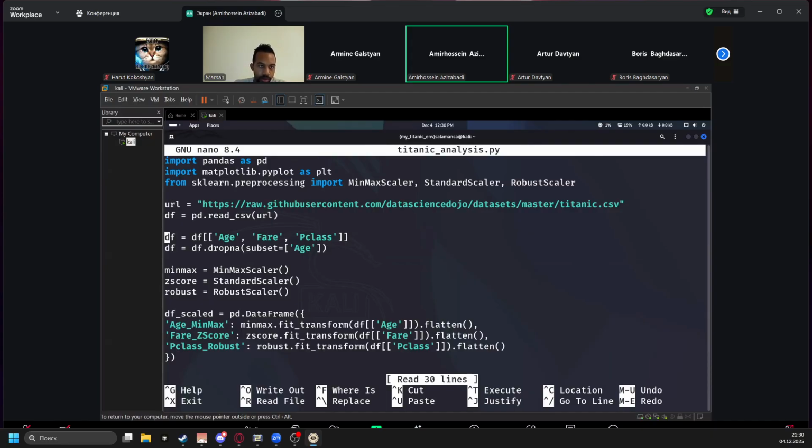Here the age for class, and here we have the minimum maximum also, to create the minimum, the max, the scaler object.